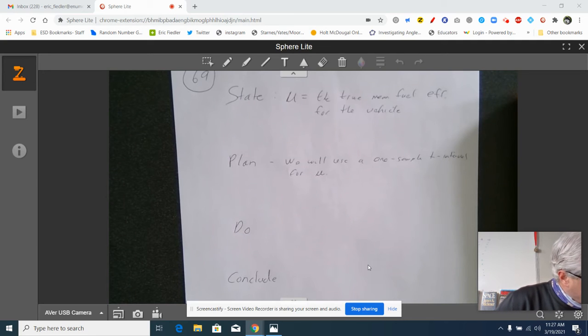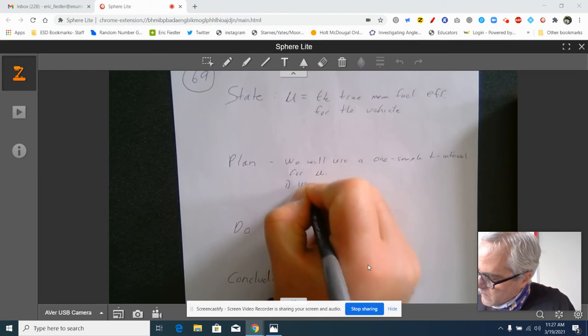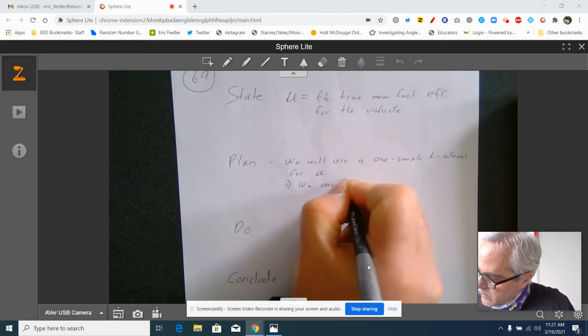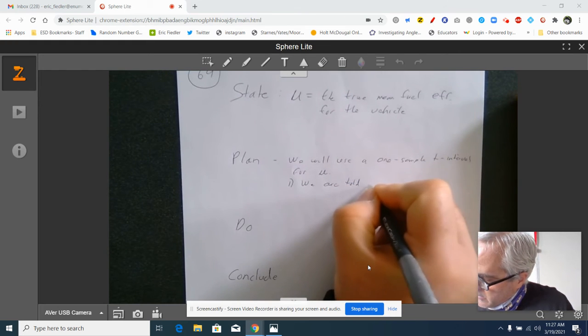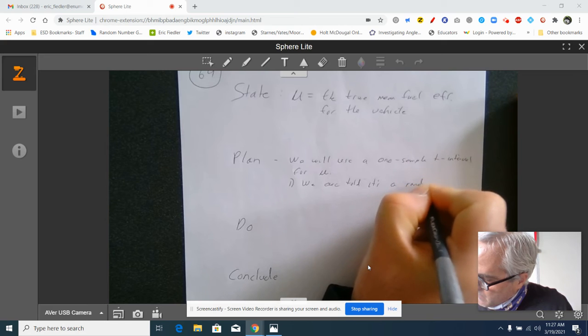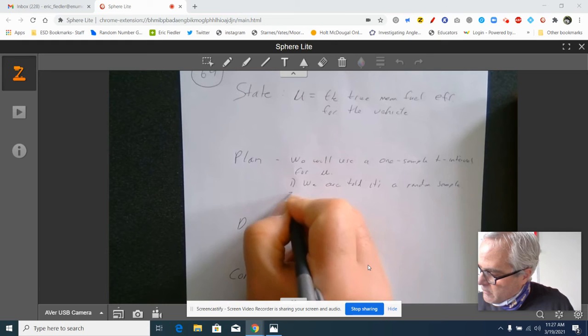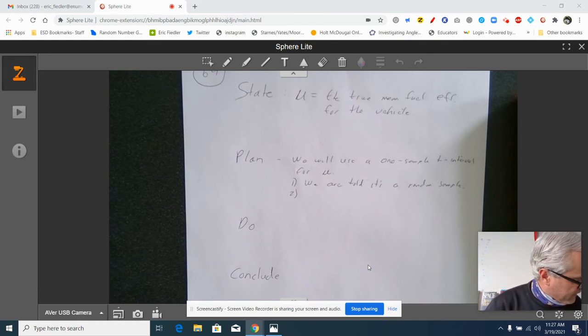So number 69, let's see, random sample. We are told it's a random sample. And if I abbreviate here, you might want to spend the time to write it all out. I'm just trying to go a little bit faster. Now the next thing is the 10% condition.